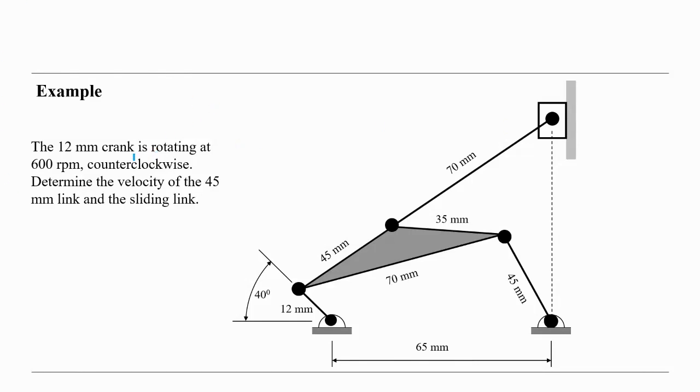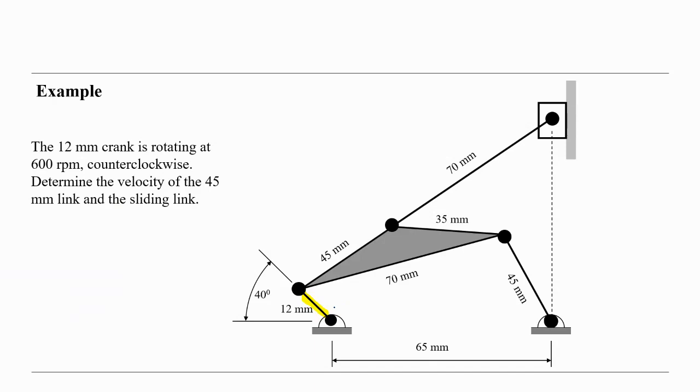Okay, another example here. This is the crank here. The 200 millimeter crank is rotating at 600 RPM counterclockwise, in that direction here.